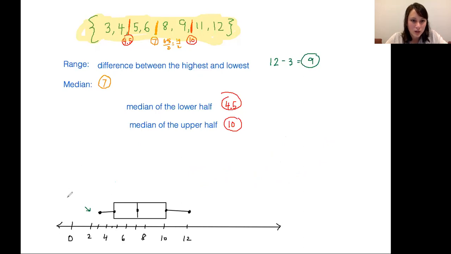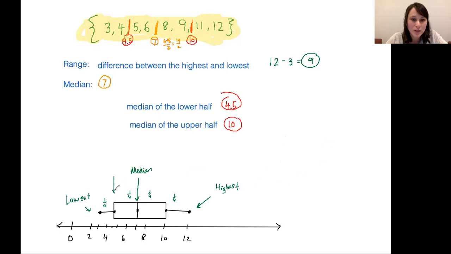That is your lowest value. This is your highest value. And it's dividing your data into quarters. So here's 1/4 of your information, 1/4 of your information, 1/4 and 1/4. The middle is your median.